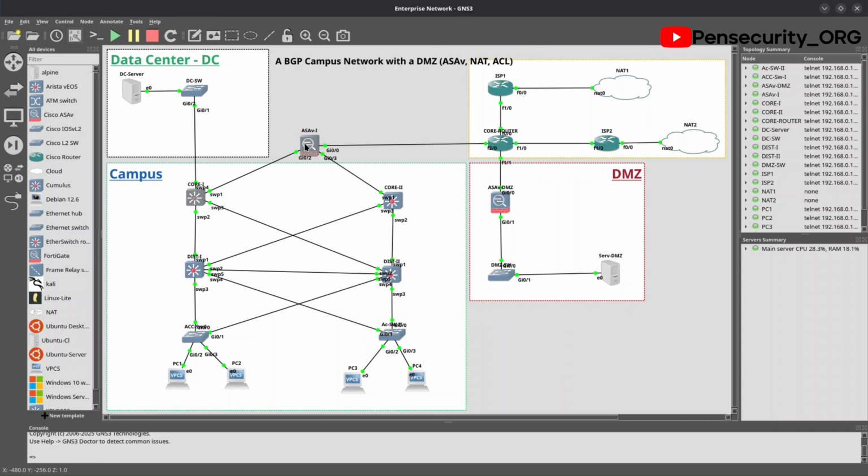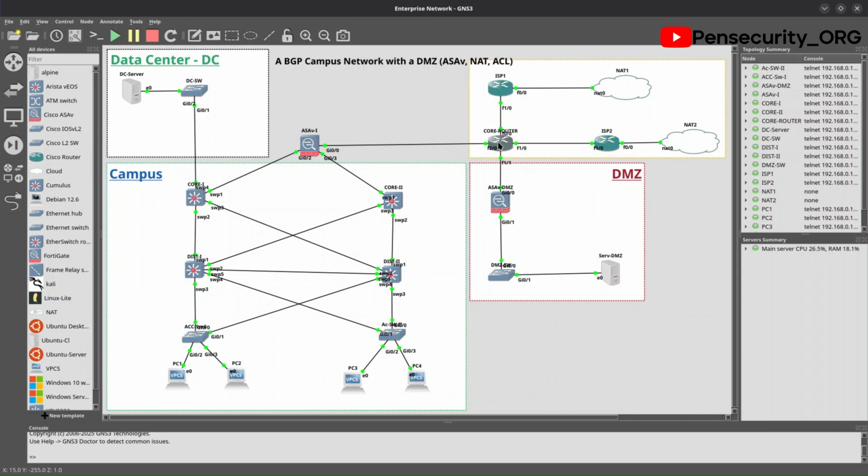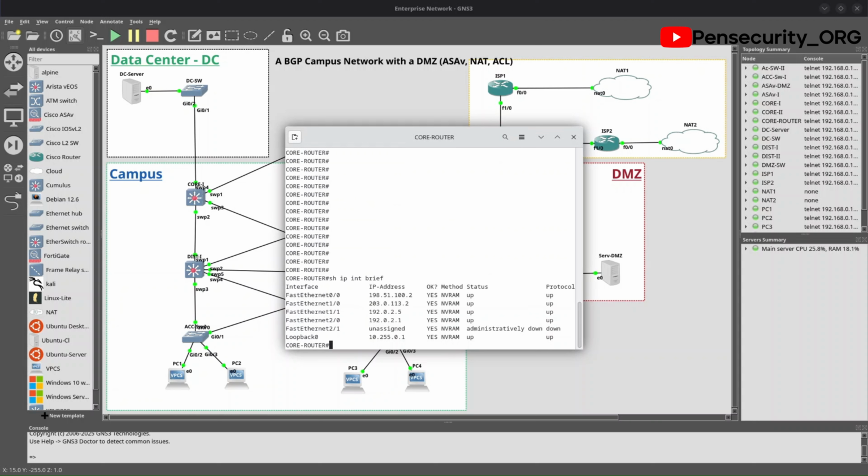It is connected to this firewall. But before we do that, let us check BGP, because BGP is the concept of this whole topology. We'll say show ip bgp summary.